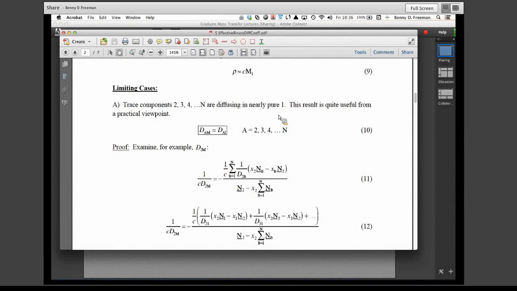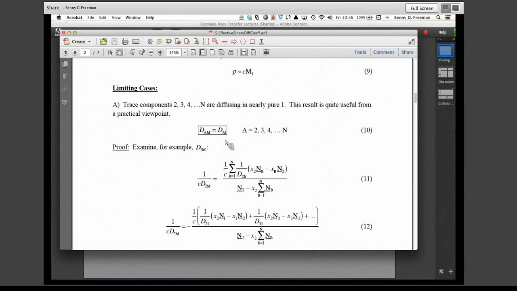So you have a little bit of oxygen, a little bit of nitrogen, a little bit of carbon dioxide, and so forth, dissolved into the water and diffusing in the water. But the water in that case is by far the dominant species, and so it's the nearly pure 1 in this case. And what we'll show is that the diffusion coefficient of any of these trace components is equal to the diffusion coefficient of that component in pure 1.